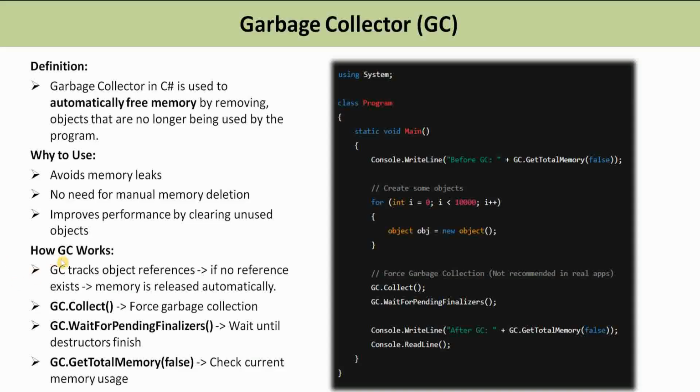So how does GC work? GC tracks object references. If no references exist, memory is released automatically. So GC tracks all object references. If no references exist, it automatically calls and releases the memory which is not going to be used further. In our last lecture we saw the class examples.